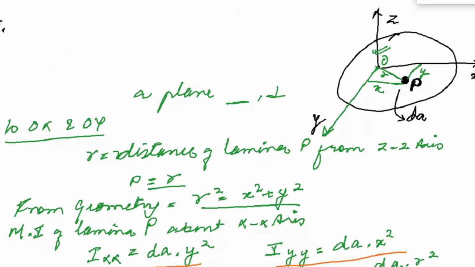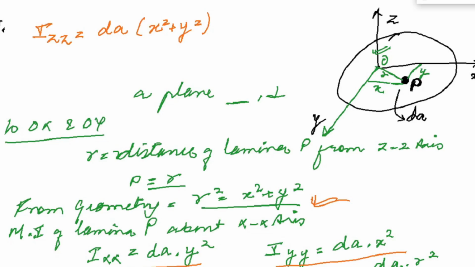Now, when I am talking about an axis which is perpendicular to the x-axis and y-axis, the moment of inertia about that z-axis is dA times r square. And we know that r square, from the geometry, is equal to x square plus y square.